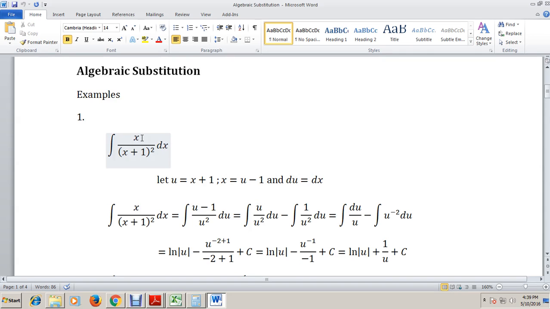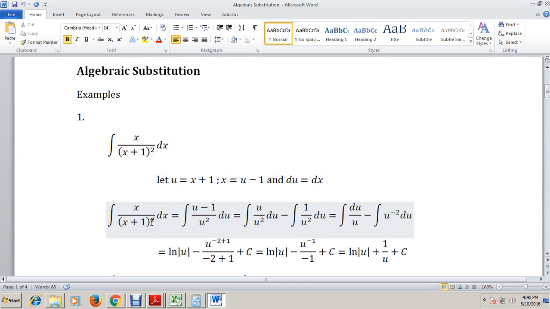Since u equals x plus 1, we can solve for x and replace it with u minus 1. All of these substitutions are algebraic expressions, thus the name algebraic substitution.